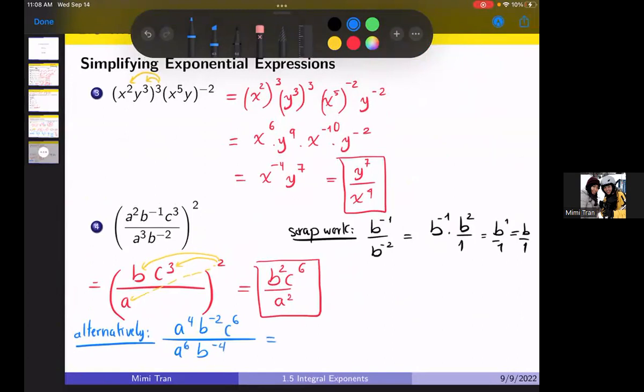Now you simplify. a to the 4 over a to the 6 is a squared in the bottom. b to the negative 2 and b to the negative 4, you're going to bring this one up here. The power becomes positive 4 plus negative 2 is positive 2, so b squared, c to the 6. Same thing, right? Same thing.